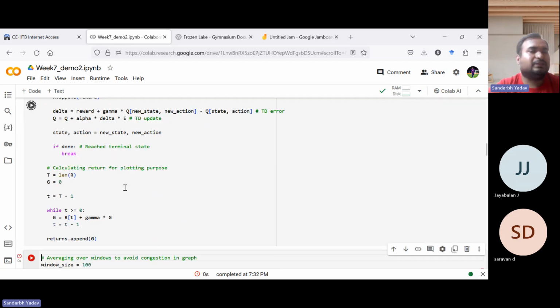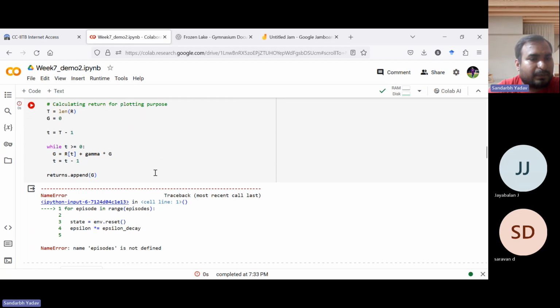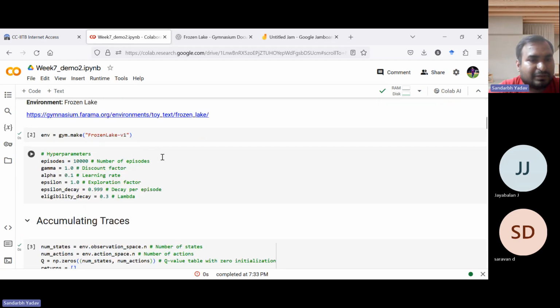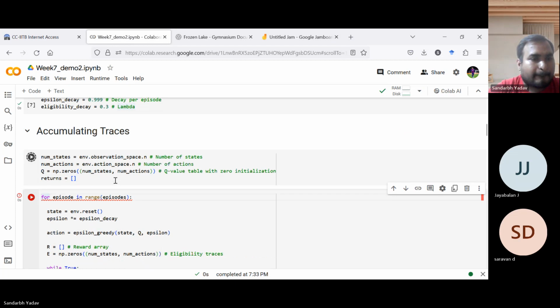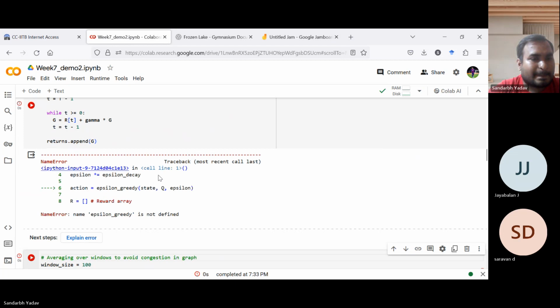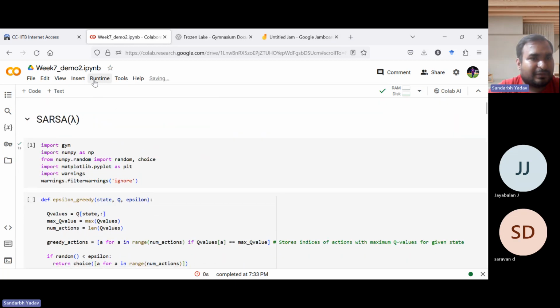First, I need to run this. Episodes is also not defined. Okay, so we haven't run this also. First I need to run this, then this, and this. X1 greedy is also not defined. We haven't run anything. Maybe I'll run all.